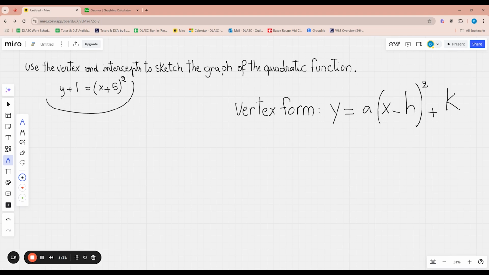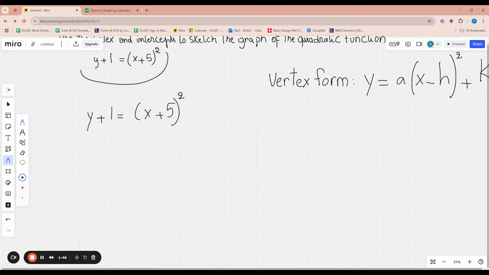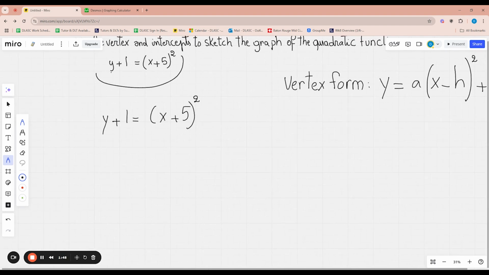So to do that, let's get y by itself. Let me rewrite the function here: y + 1 = (x + 5)^2. To get y by itself, I'm gonna subtract 1 from both sides, okay?